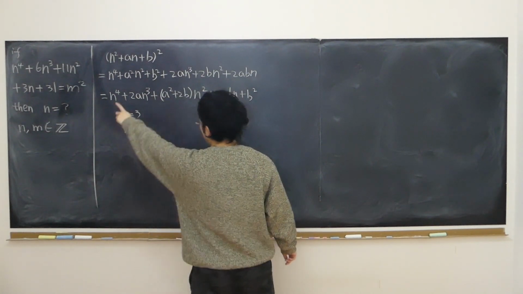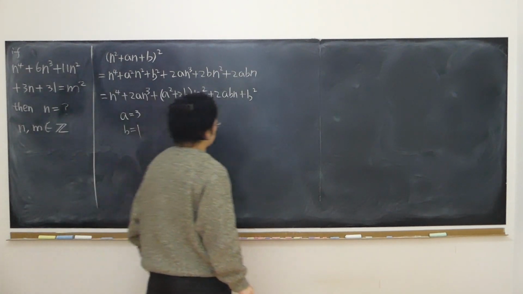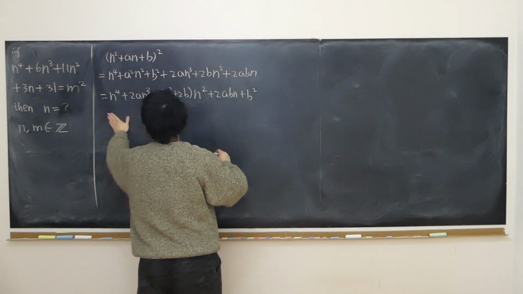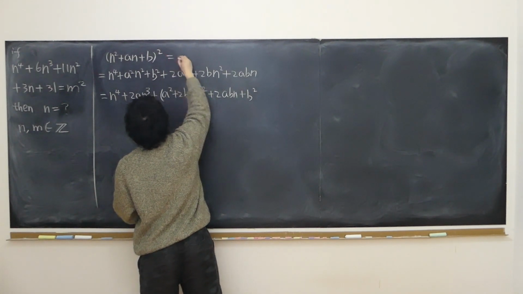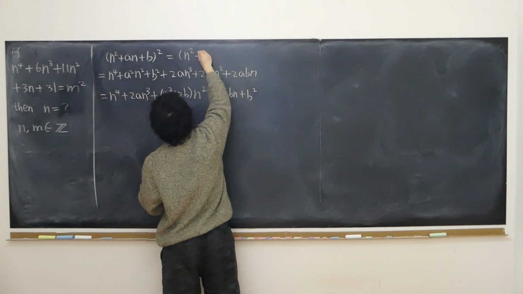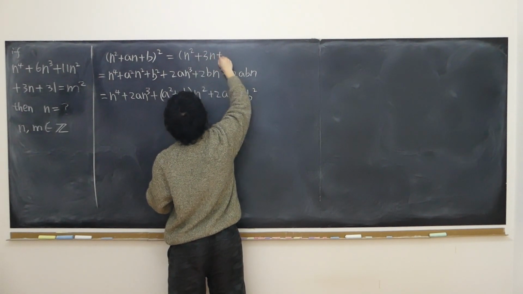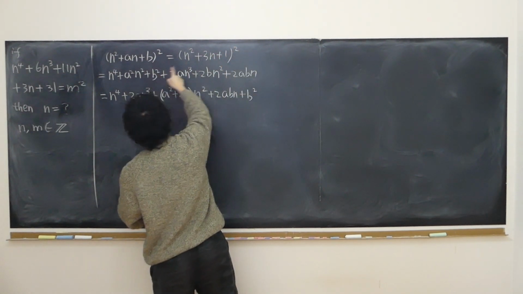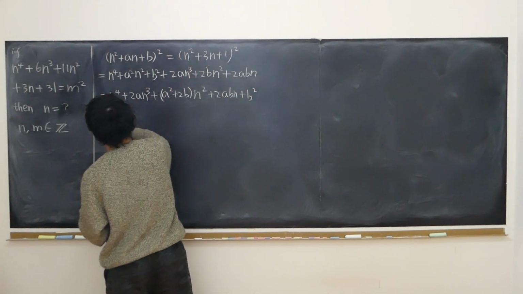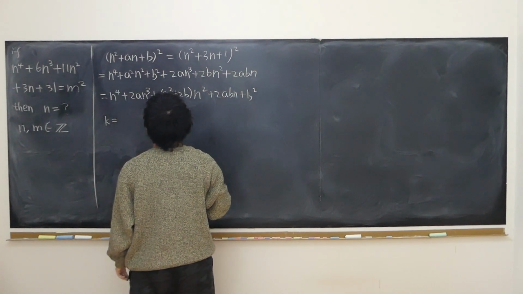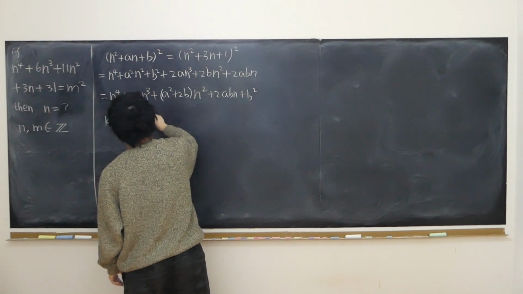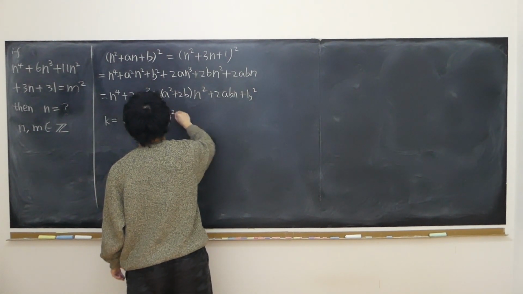So in fact, my original polynomial, let's denote it as k. Right, so that means my perfect square can now be written as n squared plus 3n plus 1, right? Like I said, a equals 3, b equals 1. So k now can be written as this perfect square, n squared plus 3n plus 1, quantity squared.